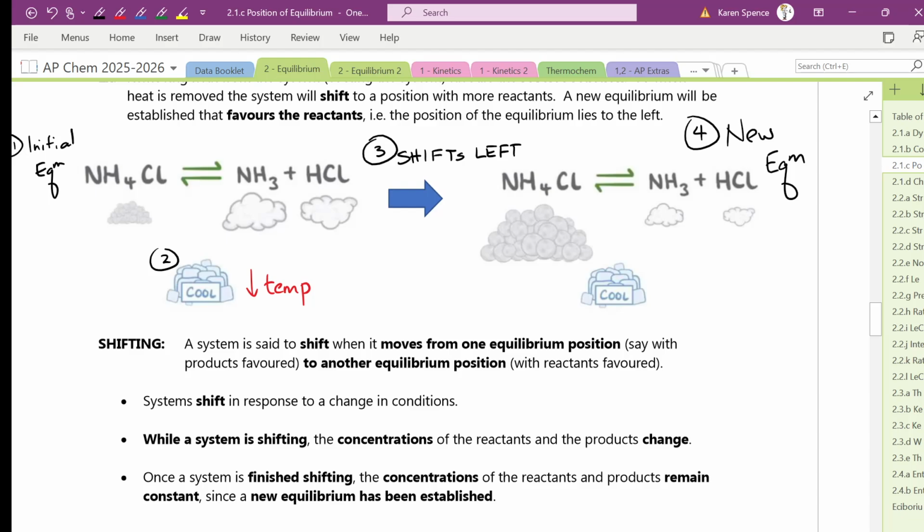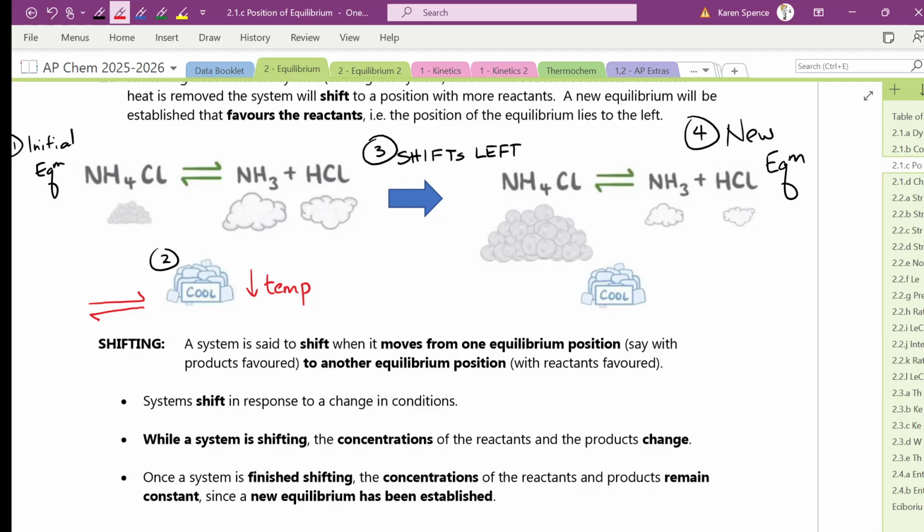And basically what's happening there is both rates are slowing down, but one of them slows down more than the other, right? So we start with our rates being the same. When we cool it, both rates slow down. Which rate is faster if we're shifting left?